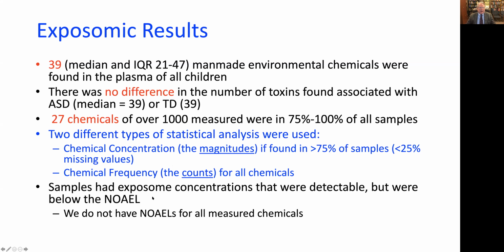So the other interesting thing is that the Environmental Protection Agency establishes what's called a NOEL level for some environmental chemicals. And NOEL stands for No Observable Adverse Event Level.